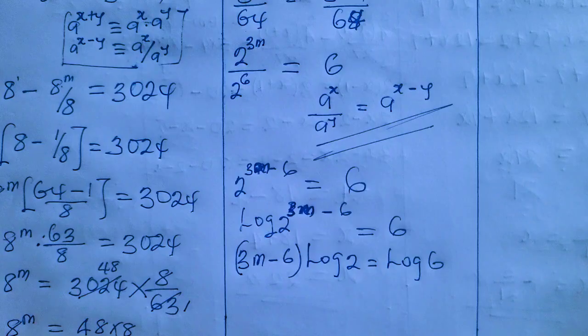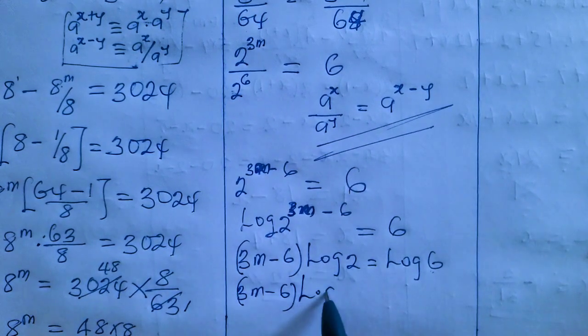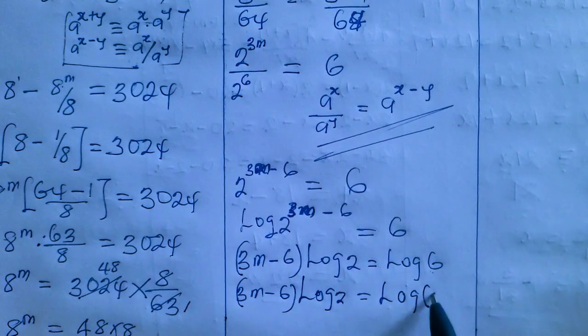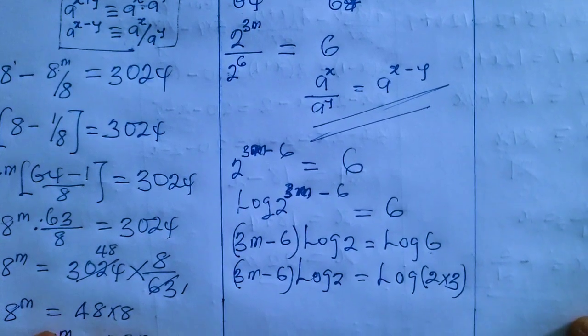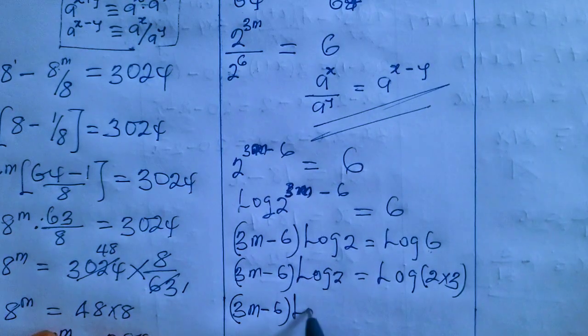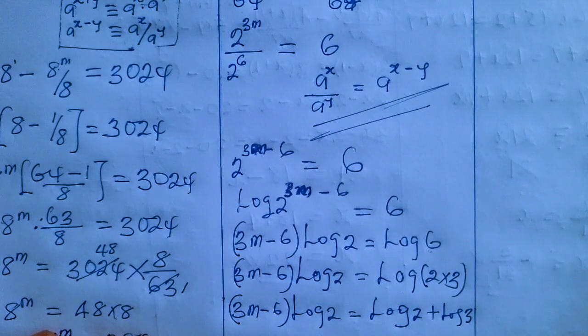And note also that 6 can be expressed as a product of 3 and 2. Therefore, we have 3m minus 6 log 2 equals log of 2 times 3. At this point, I'm going to apply the product rule here, and the equation becomes 3m minus 6 log 2 equals log 2 plus log 3.